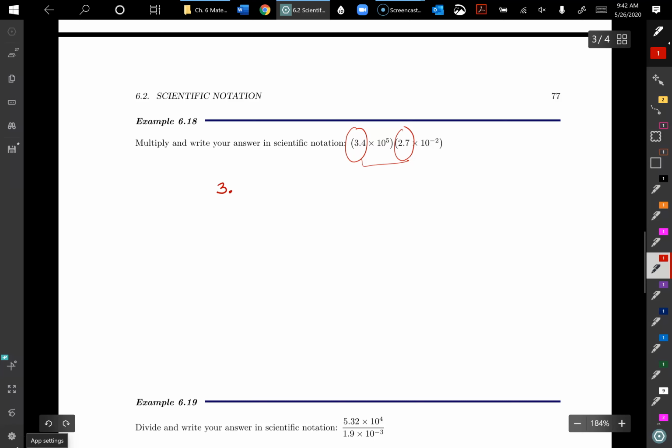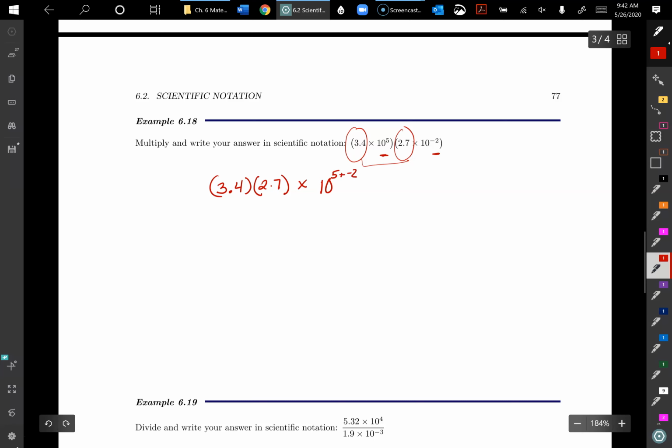I'm going to use the associative property and group my a values together over here. So you can see how this is done. And then it'll be times, like the x that we write for times. And then I'm going to deal with my exponentials. I keep my base as 10, and I add my exponents if I'm multiplying.